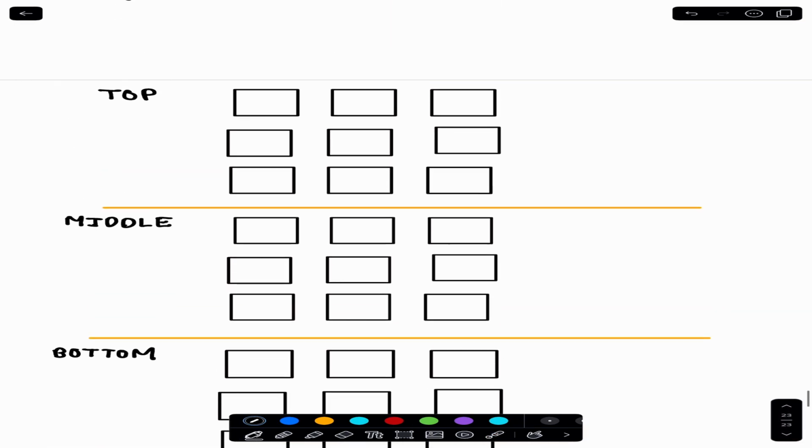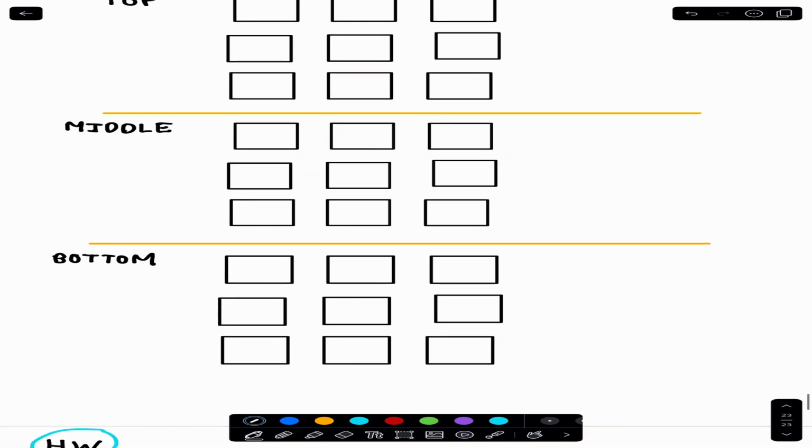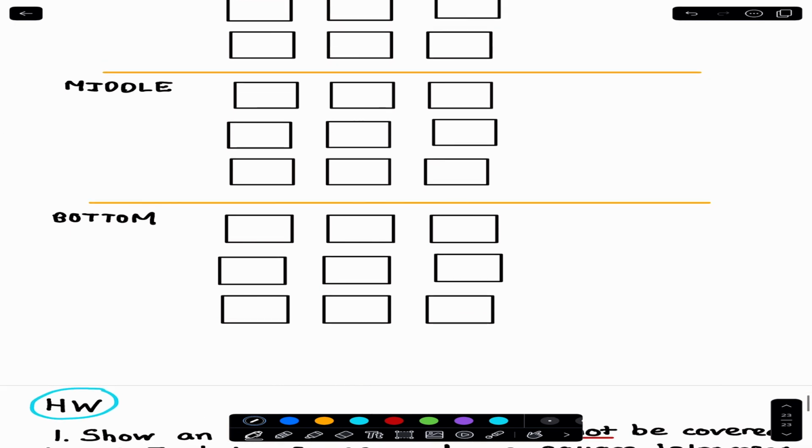Now, I said we're going to color them alternately, so it's very important that we stay organized with this. So let's start off with, if I just call this black, then this would be white, black, white, black, white, black, white, black.